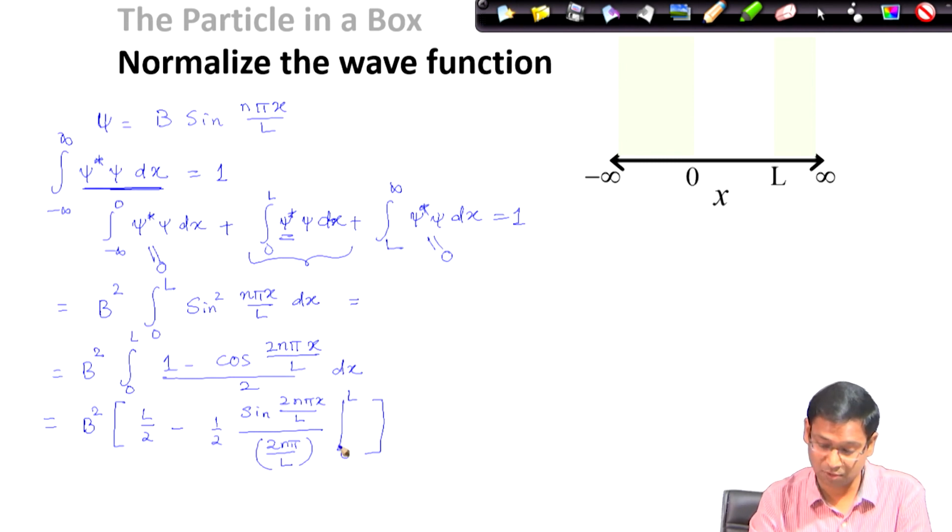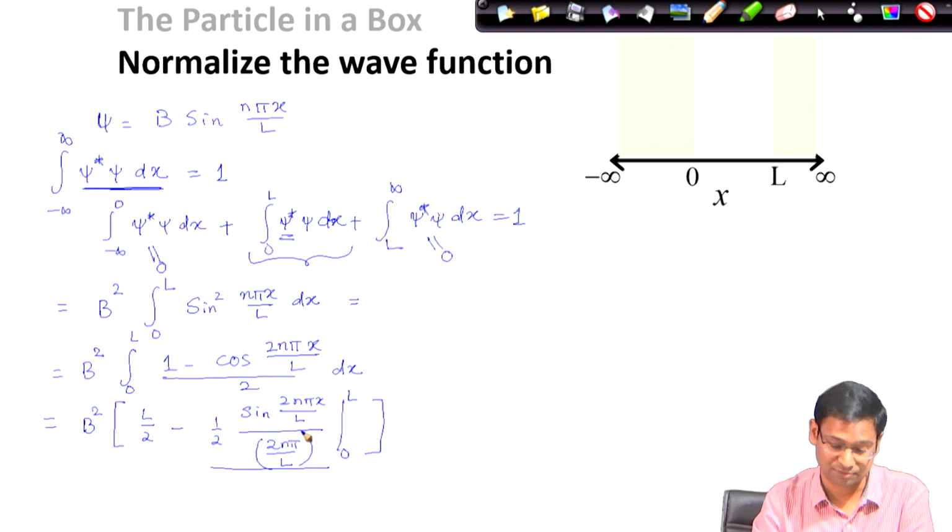When x is 0, the function is sine 0. So, the second term vanishes when I evaluate the two limits. Therefore, I am left with only b squared times L by 2, which equals 1, because this is what we wanted.